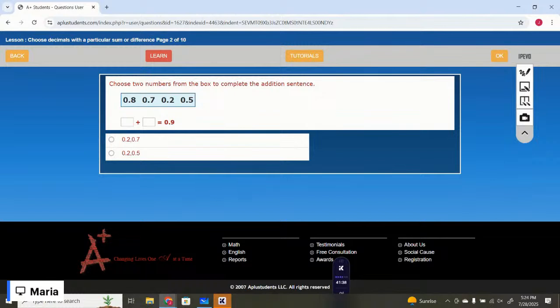Which two numbers have the sum 0.9? That is 0.2 plus 0.7.